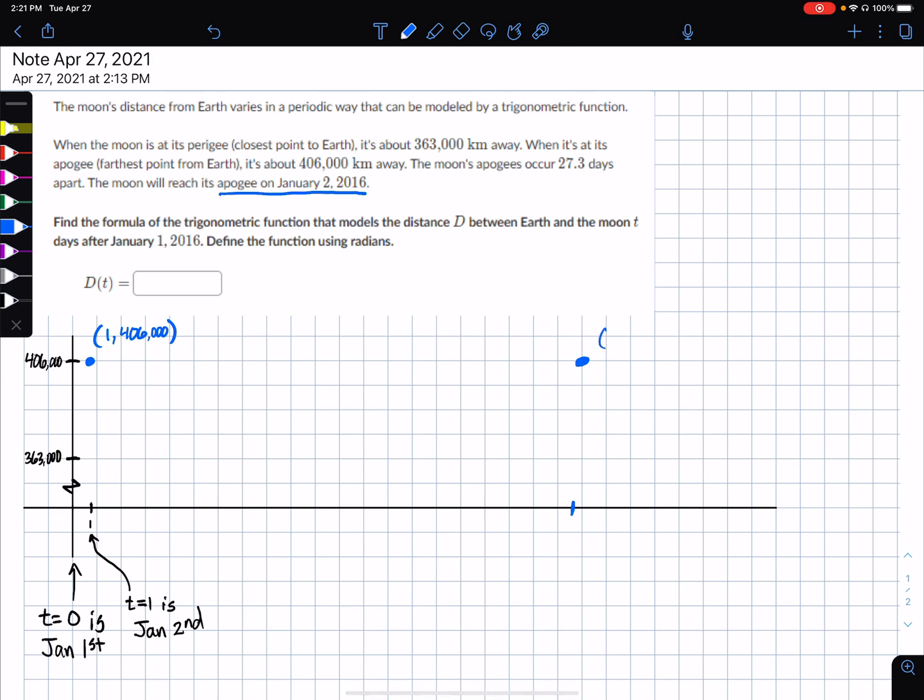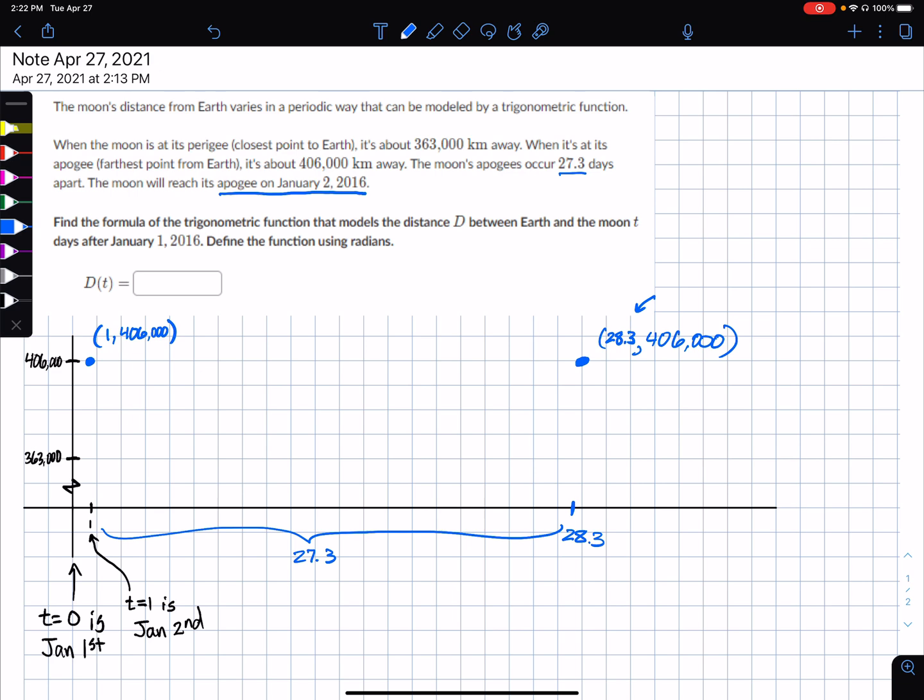I know the coordinate is 406,000 kilometers for the y value, but what we have to do is talk about the period. So it returns to apogee every 27.3 days. So 1 plus, if the period is 27.3 days, then this coordinate that we get up here is going to be 28.3 days. It would be my x value.